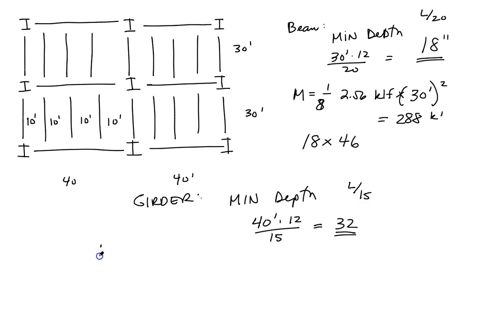So the moment for those beams, we'd end up with 1, 2, 3 point loads on there. Just kind of draw the model out here. 40 feet. 1, 2, 3 of those.